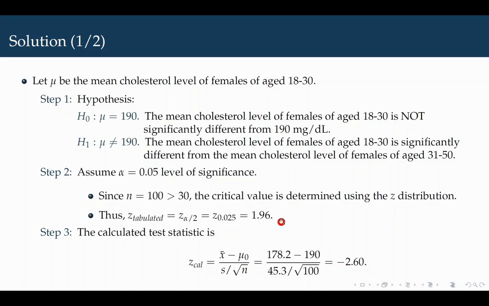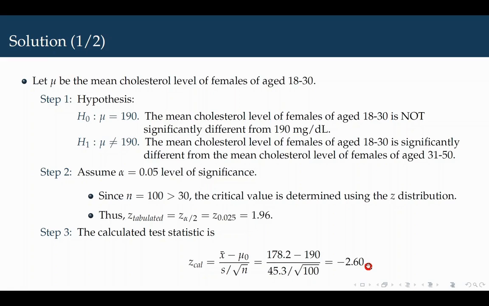Now here we have the tabulated value of the test statistic as 1.96 and the calculated value of the test statistic as minus 2.60. So we need to compare these values. Taking the absolute value of this calculated test statistic, which is 2.60, it is going to be compared with this tabulated value 1.96.